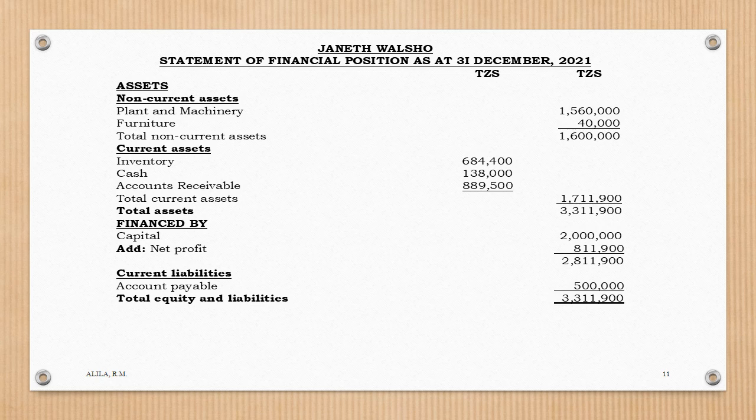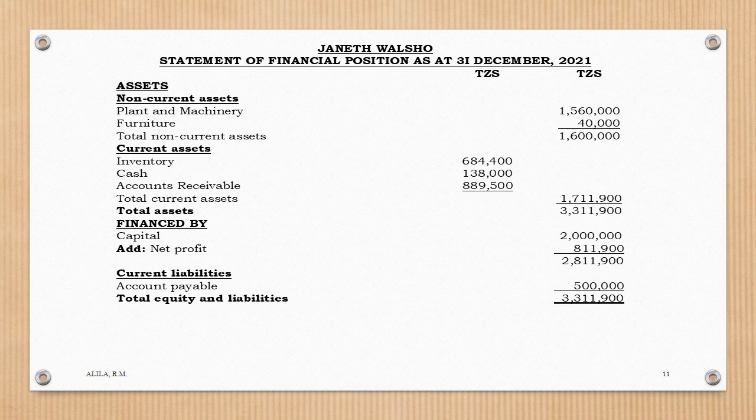And on the preparation of the statement of financial position, as we have said earlier, that includes assets, liabilities, and the capital. So the assets, very easy, we have plant and machinery, furniture, these are total assets. And we have current assets: inventory, cash, and accounts receivable.